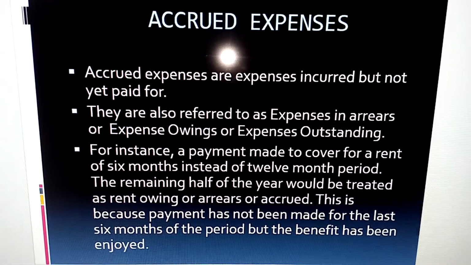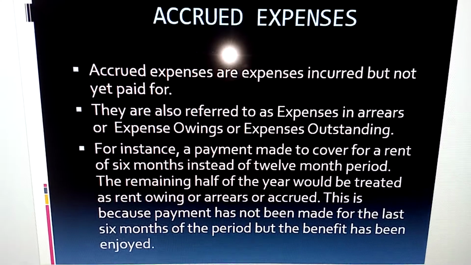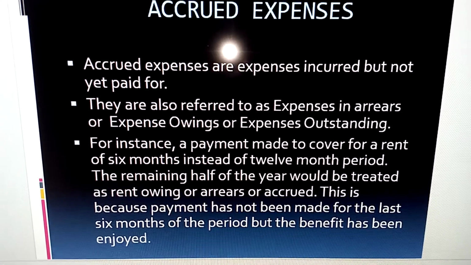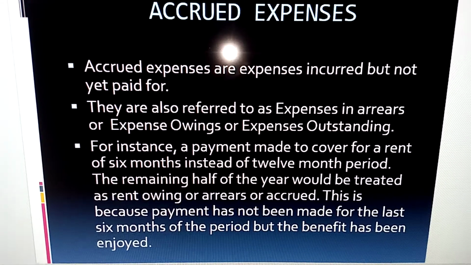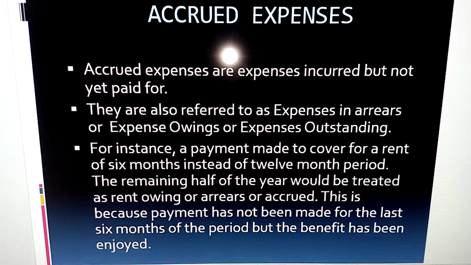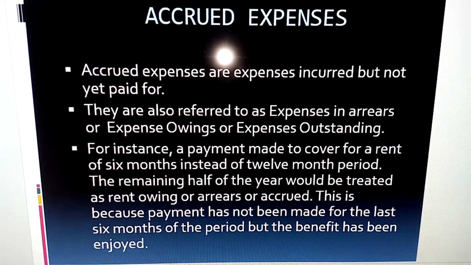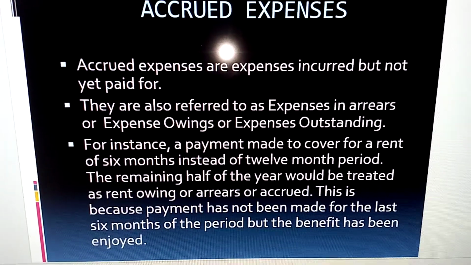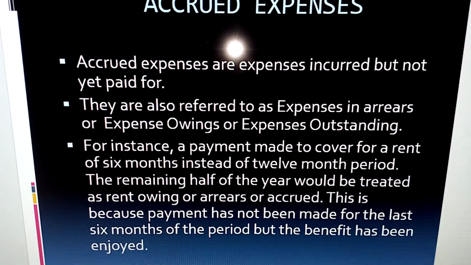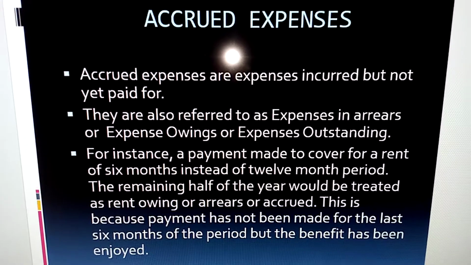Let's say, for instance, you entered a vehicle, that is transportation, from a particular point to another point. As at the moment you got to your destination, the transport fare is due to be paid. Now let's assume that the transport fare was not paid.